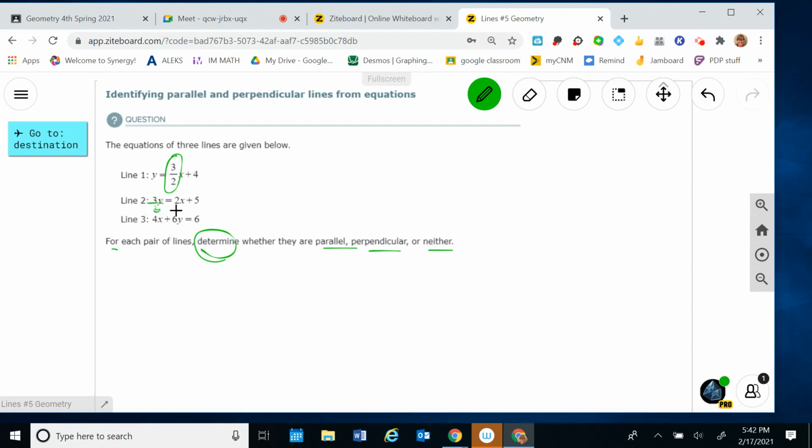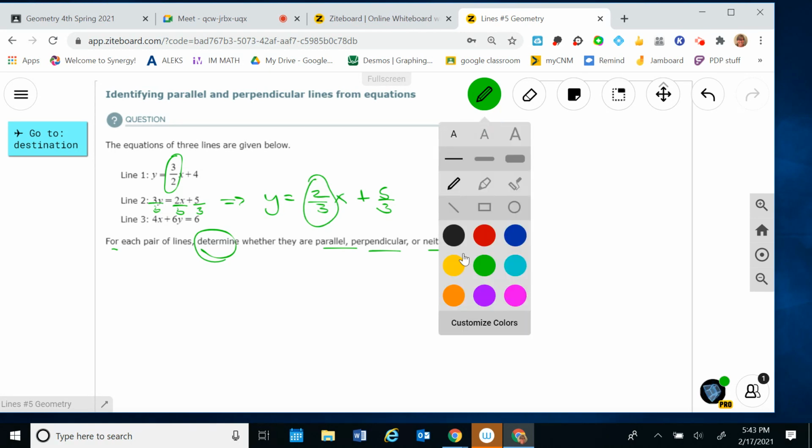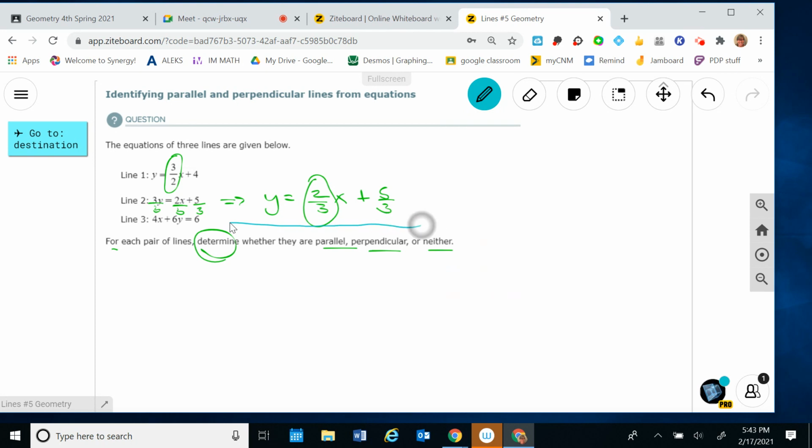We have to divide everything by 3 to solve for y. So this one is y is equal to 2/3 x plus 5/3. Okay, so what's the slope? 2/3. And line 3, I'm going to go ahead and do this, is 4x plus 6y equals 6.